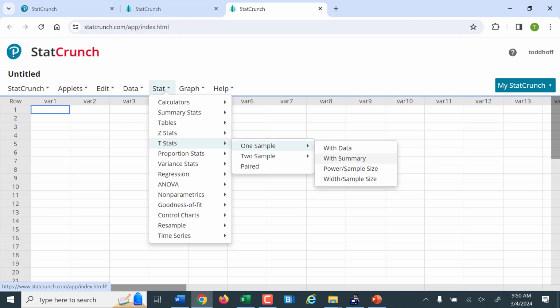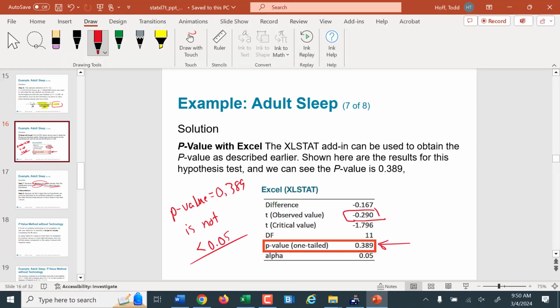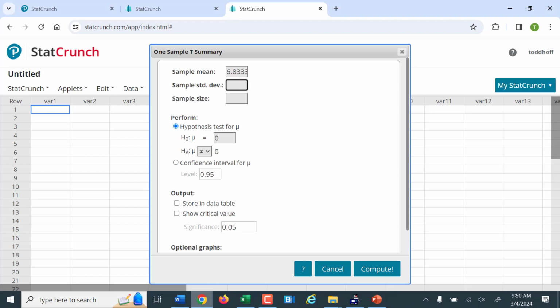Remember, we don't have all the data points from our sample. We just have the summary statistics. So the sample mean was 6.8333333. Sample standard deviation, let's see, I pull that up here. 1.924. I'm just going to write in 1.924. That should be close enough.